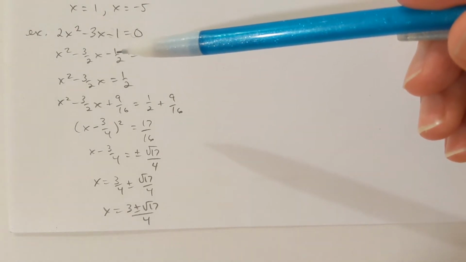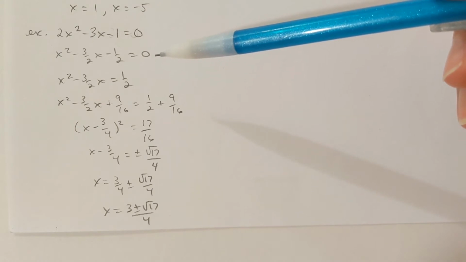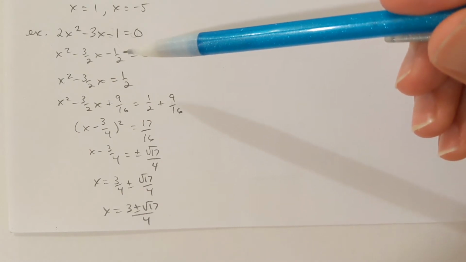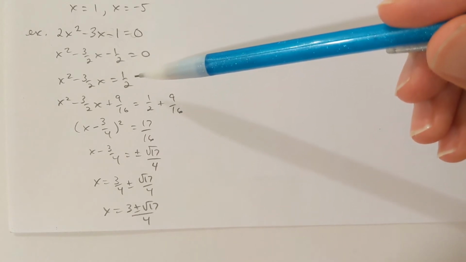So I get x² − (3/2)x − 1/2 = 0. And when I bring the constant over to the right, I get x² − (3/2)x = 1/2.